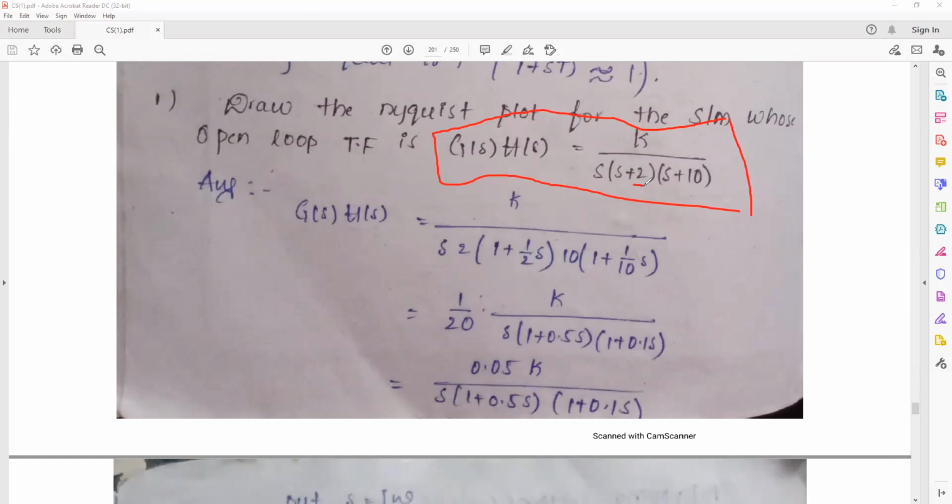The real value should be 1. So here, 2 is common and 10 is common. Okay, so 2 is common. So k by s into 2 into 1 plus 1 by 2 into s. 10 is common, 1 plus 1 by 10 into s.